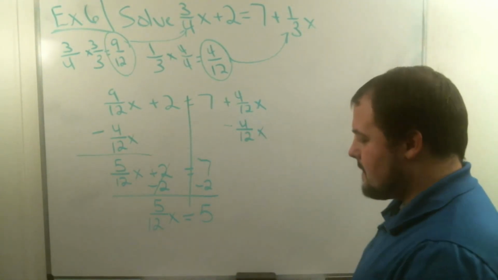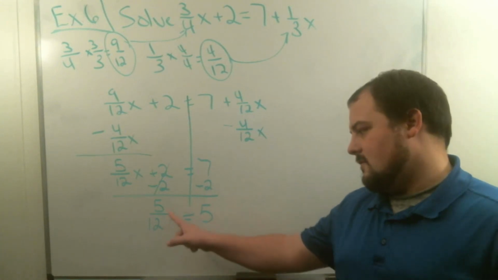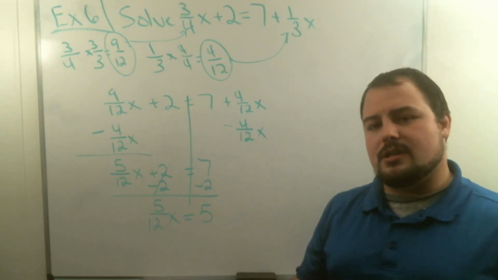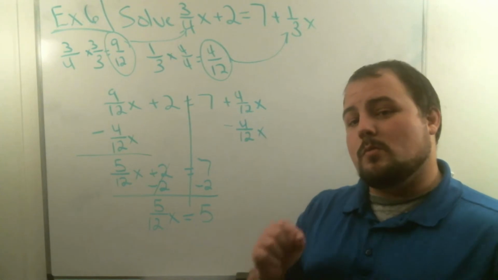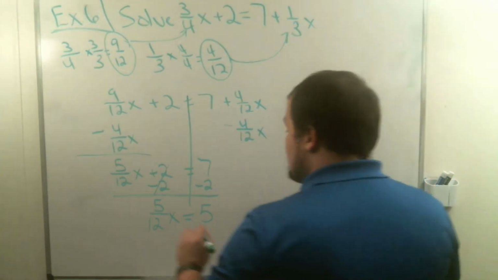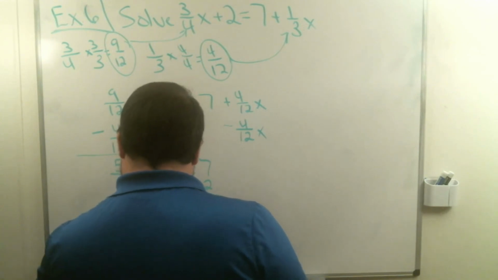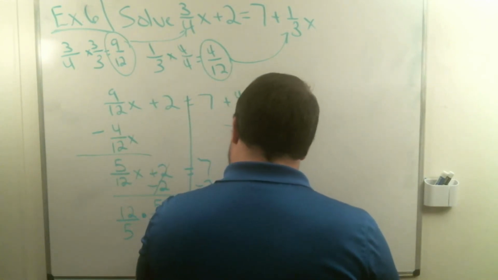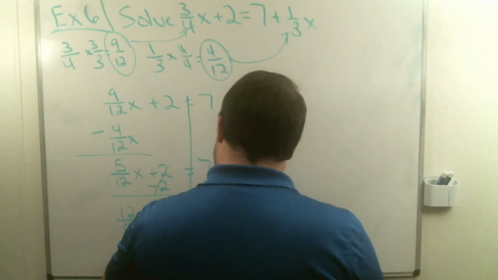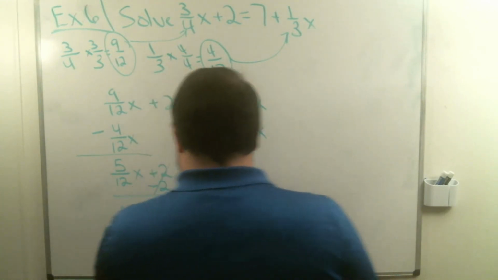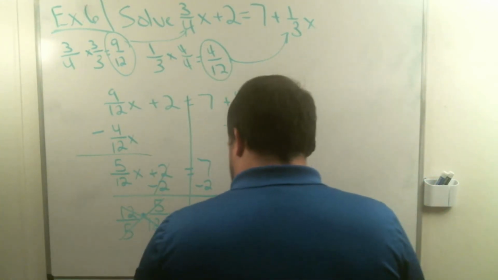We're almost there. Last thing we have to do is get rid of a fraction next to a variable, and to get rid of a fraction next to a variable, we multiply by its inverse. So we're going to multiply by 12 over 5 times 12 over 5. And I already put my 5 over 1 to make that a fraction.